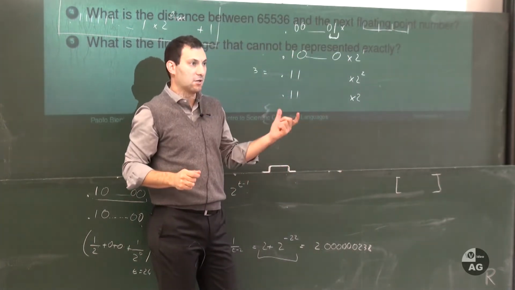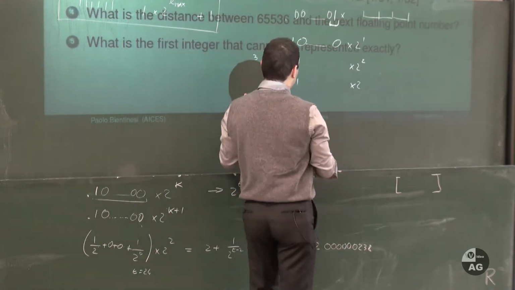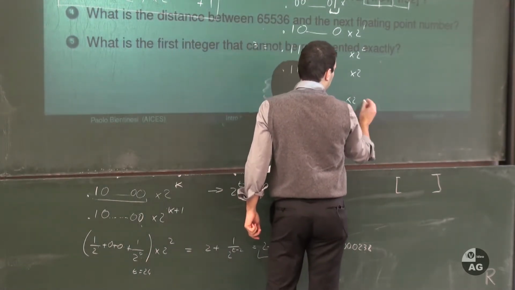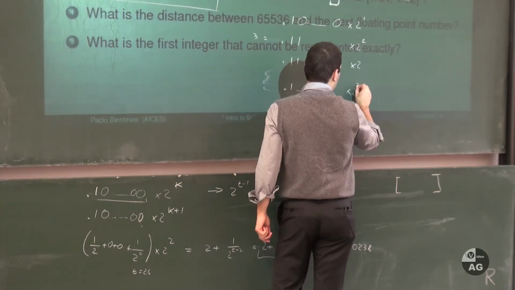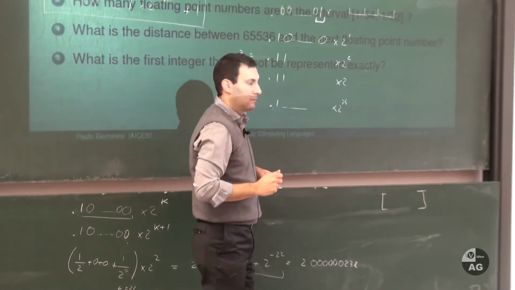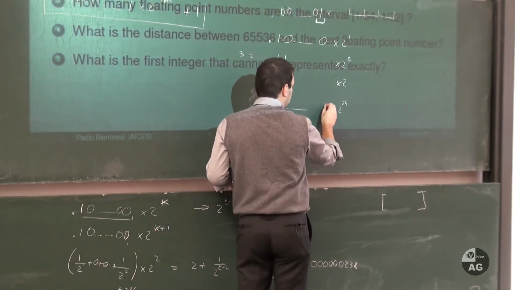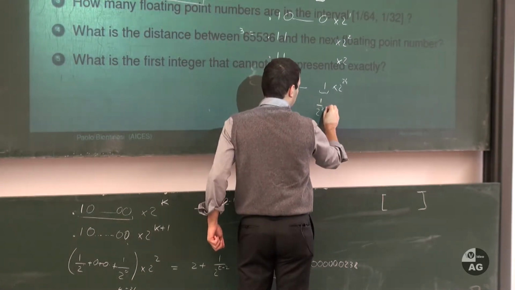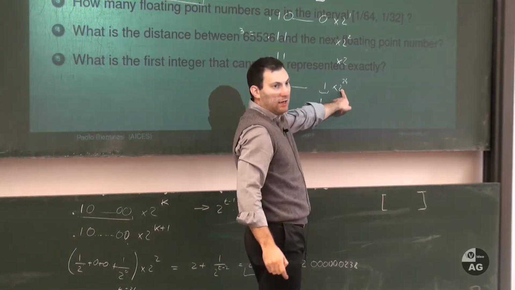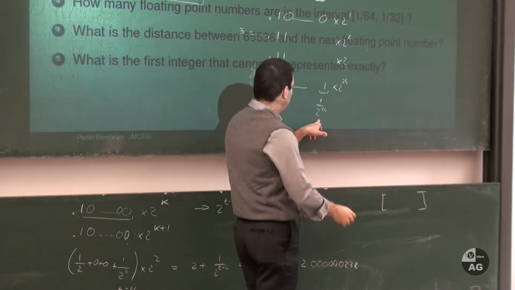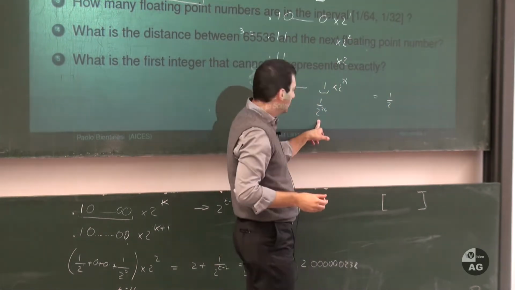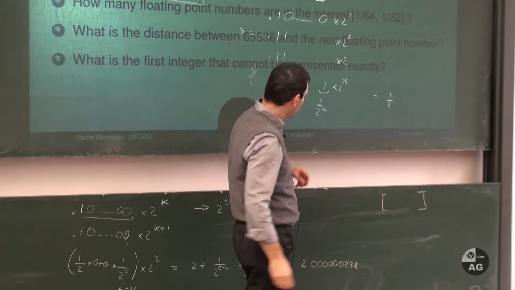There will be a point where blah blah blah times 2 to the 24th. So this last guy here is 1/2 to the 24th. I multiply times 2 to the 24th, so we are at 1/2. That's not good enough yet.